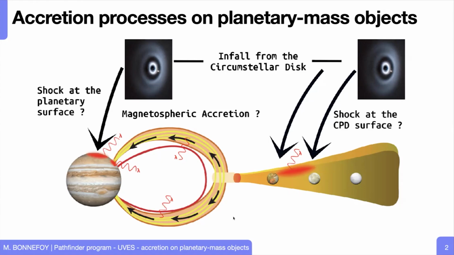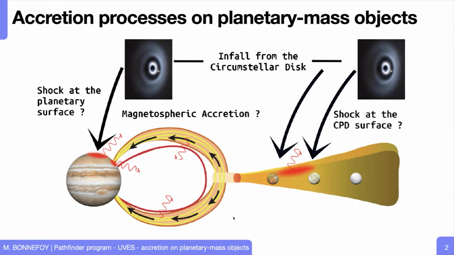The way it's channeled to the planet is not fully clear yet. It could fall at the surface of the disk surrounding the planet, the circumplanetary disk, creating a shock. The shock is going to emit, so it might be responsible for the emission line I was mentioning emitted by the planet.